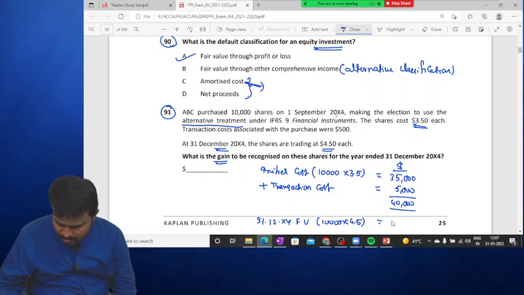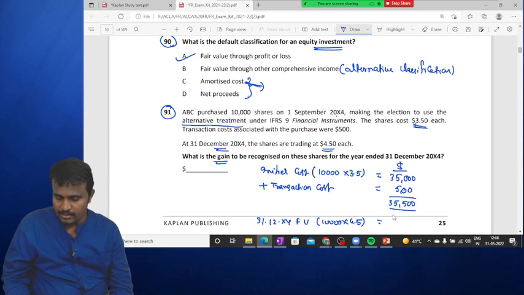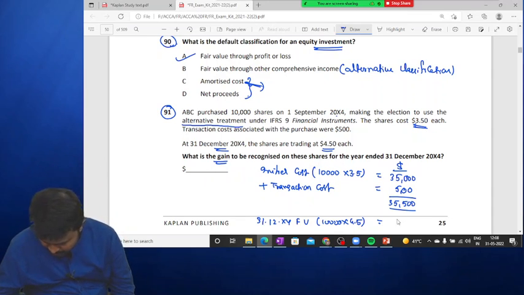That gives 45,000. Then fair value gain or fair value loss?